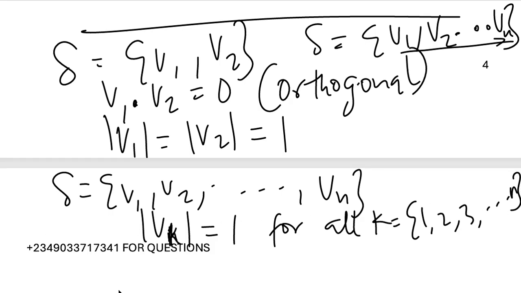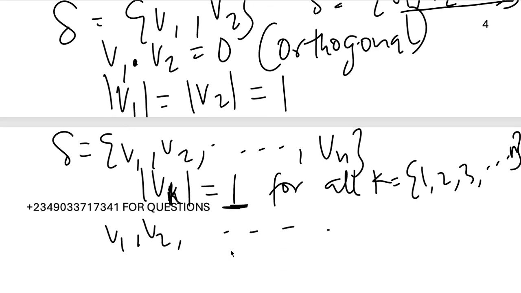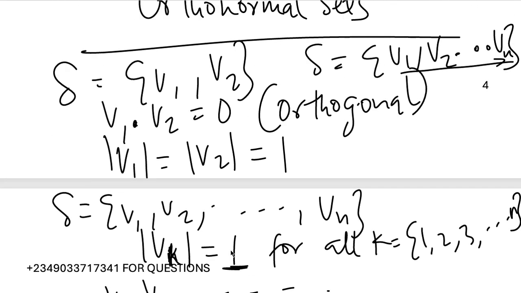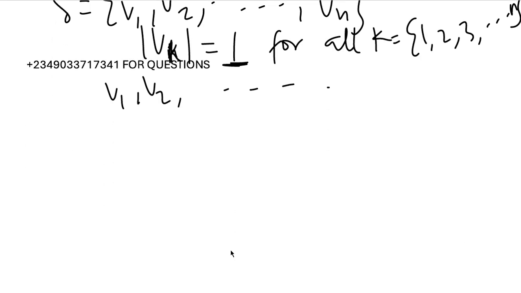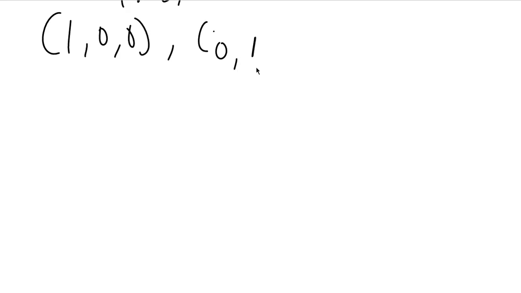So the magnitude of v1, v2 down to the last member of that set must be 1. That is the condition. So first, the set must be orthogonal, and then each member must have a magnitude of 1. For example, let's say this: 1, 0, 0, then 0, 1, 0, and then lastly 0, 0, 1.